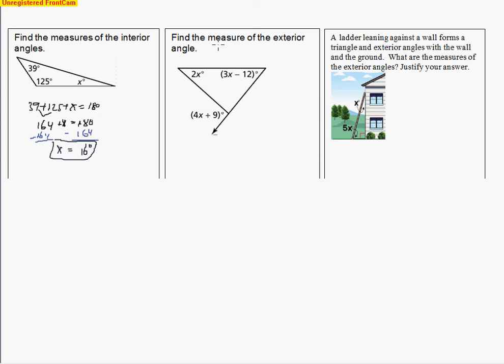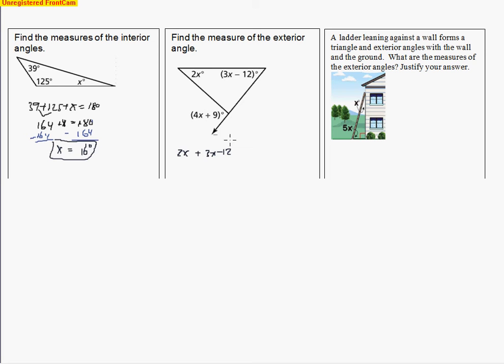Here it says, find the measure of the exterior angles. Well, a rule with exterior angles is that this exterior angle here equals the two interior angles that are further from it. And so what we can end up doing is taking that 2x and the 3x minus 12 and adding those two together, because it'll end up equaling this amount.